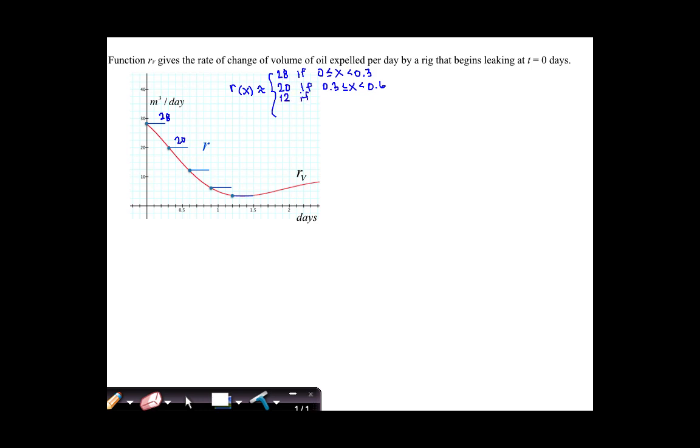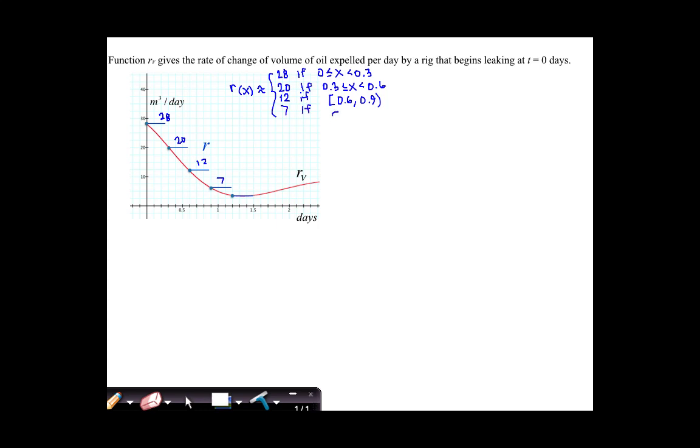If we're between, and I'm going to use interval notation this time, 0.6 through 0.9, then I've got a rate in cubic meters per day of about, what's that, above 5, maybe 7.